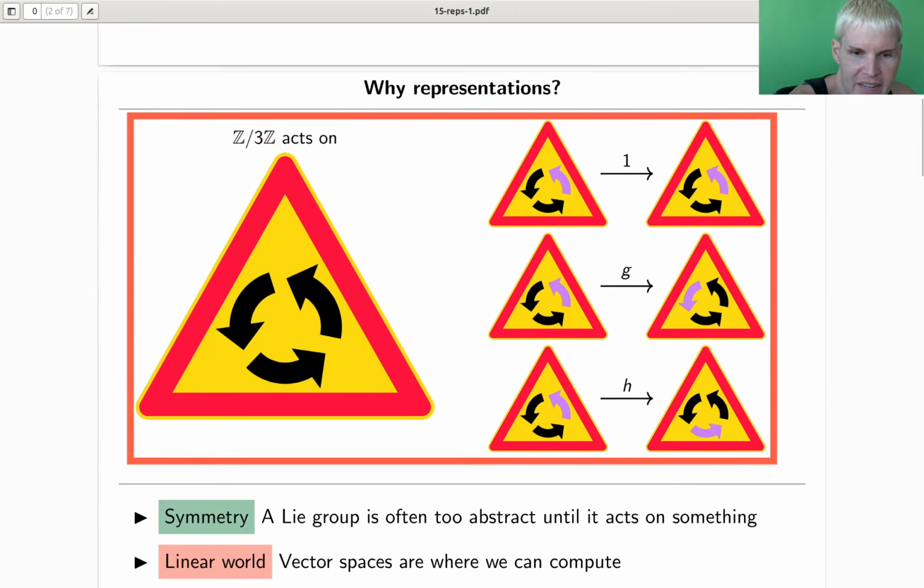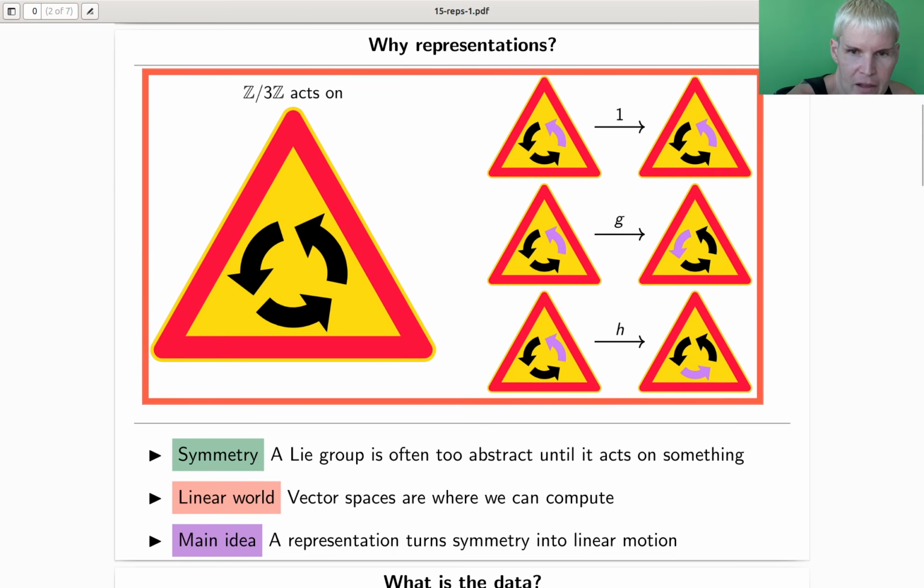So why representations? Here I have a representation, or a group action in the wild. A group action is literally just a symmetry, if you want. I take here a very simple group, Z mod 3Z, why not? And it acts on this street sign because this street sign has a threefold symmetry, the roundabout here.